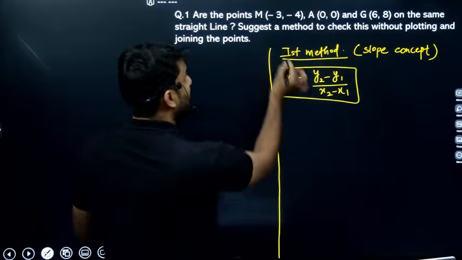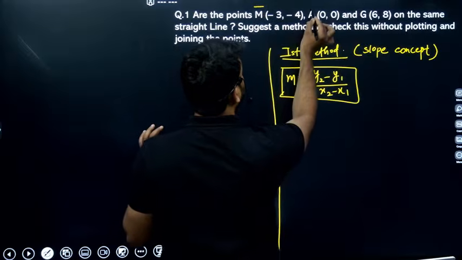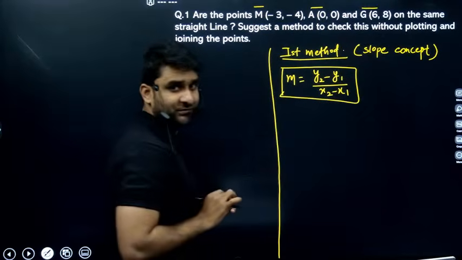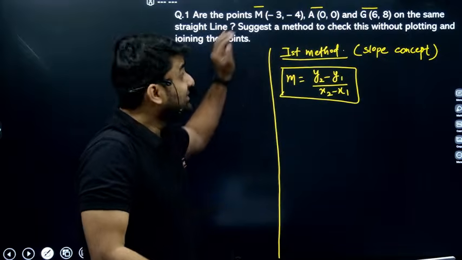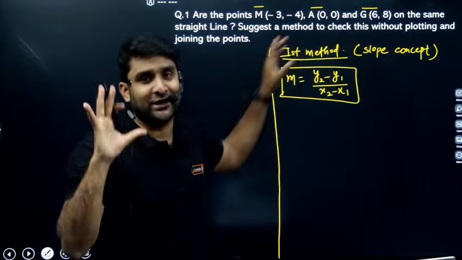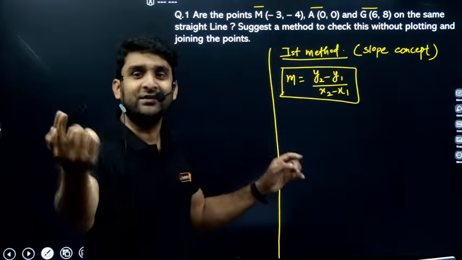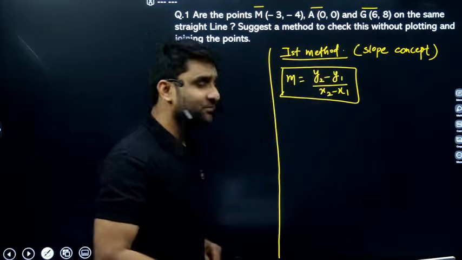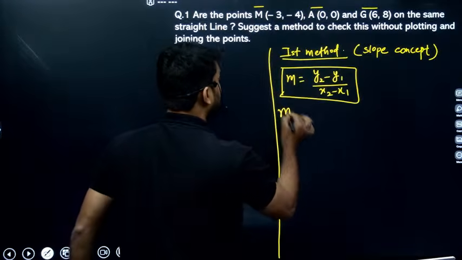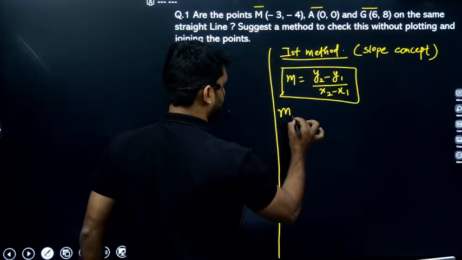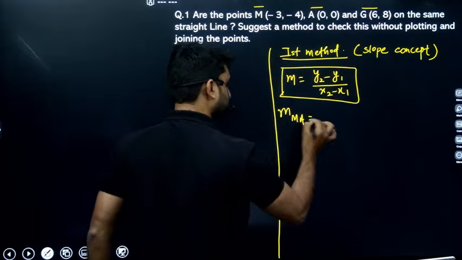Now we have 3 points, and we have to identify whether these points are on the same straight line or not. So let's find the slope between MA and AG.